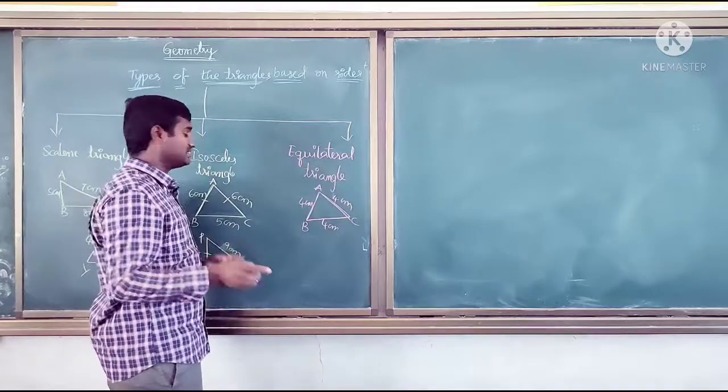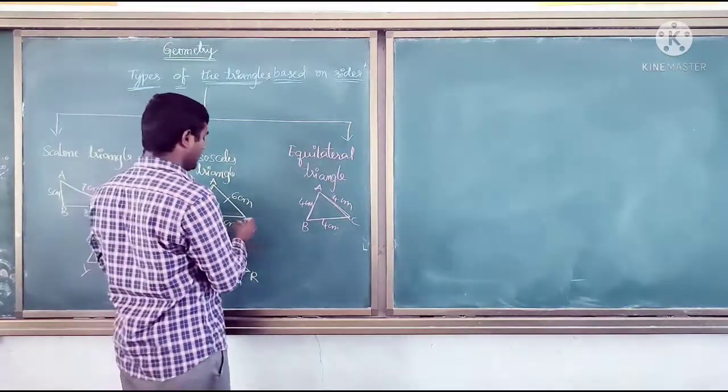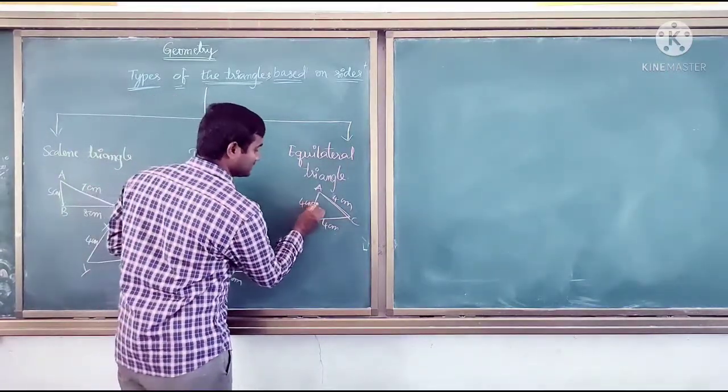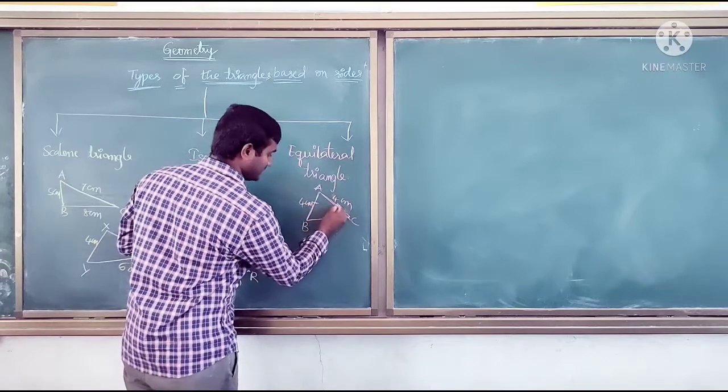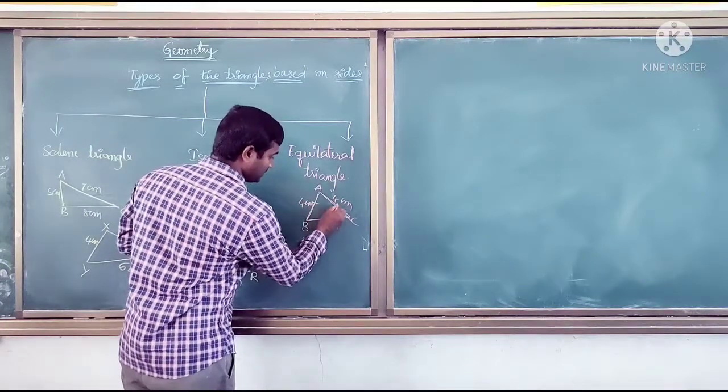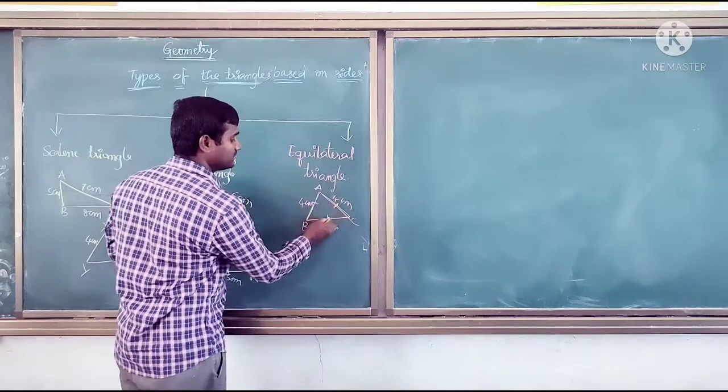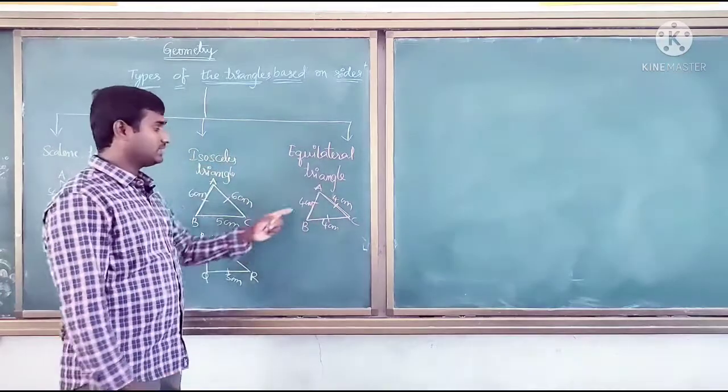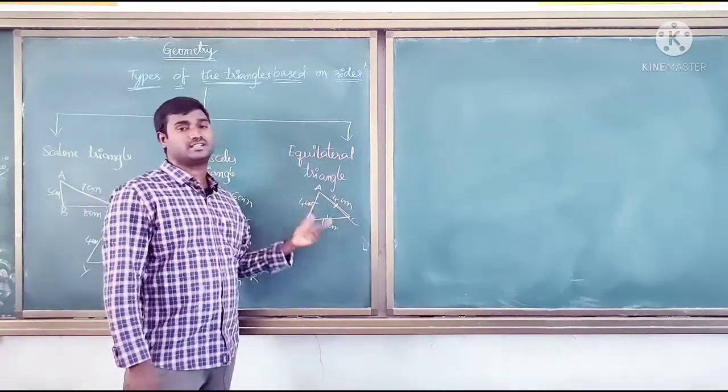As I mentioned before, we represent equal sides with a symbol. These three sides are equal, so we put this symbol, which indicates that the three sides are equal.